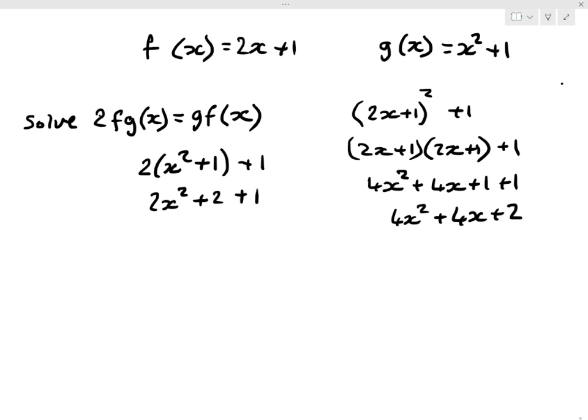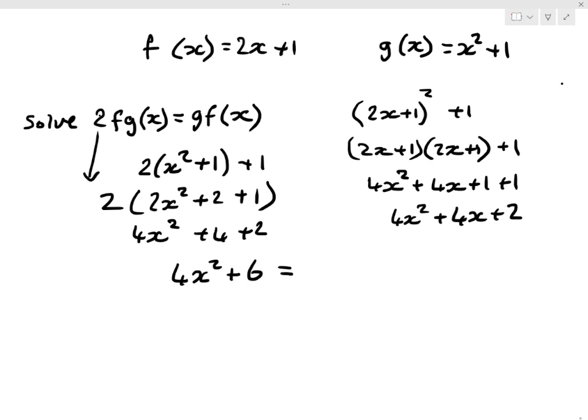And now we're going to multiply everything by 2. This 2 up here, yeah? So that gives us 4x squared plus 4 plus 2. So that's 4x squared plus 6.